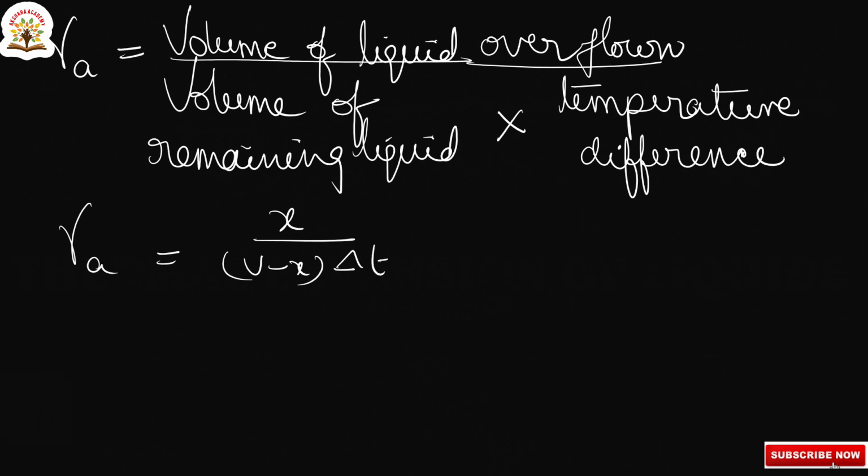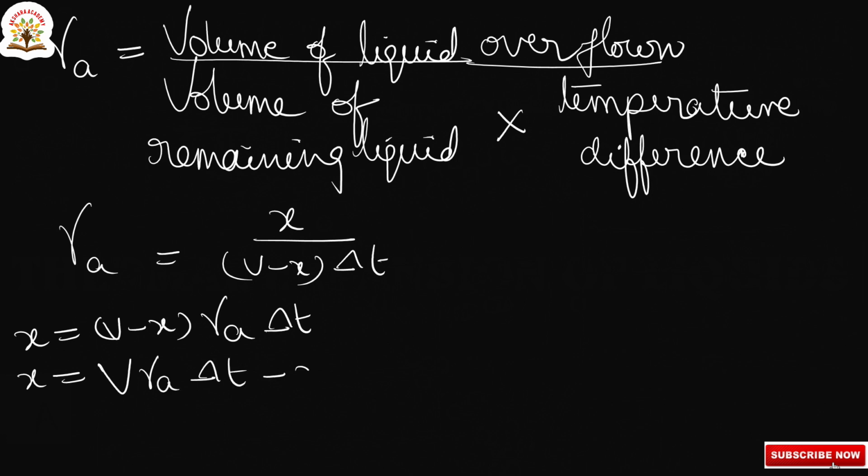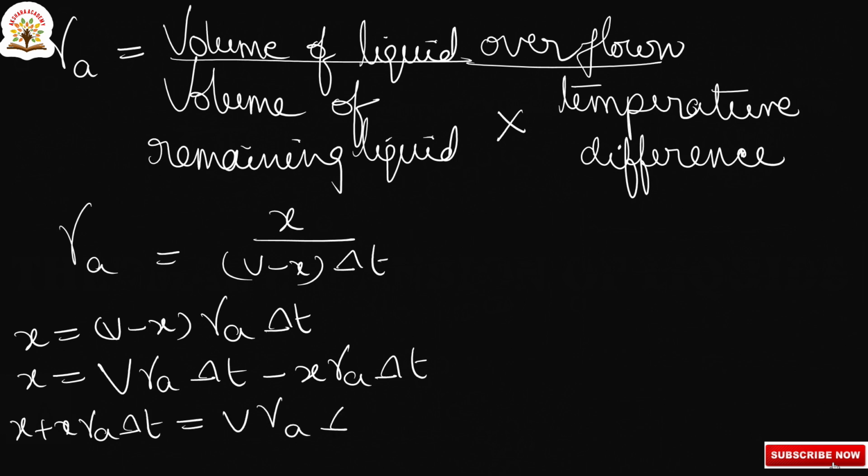Taking cross multiplication, x is equal to (V minus x) gamma A ΔT. So x is equal to V gamma A ΔT minus x gamma A ΔT. Now x minus becomes plus, so x plus x gamma A ΔT is equal to V gamma A ΔT.